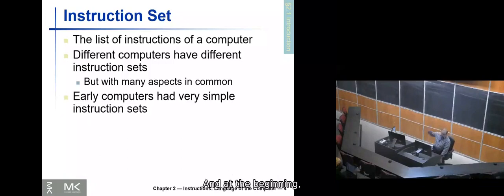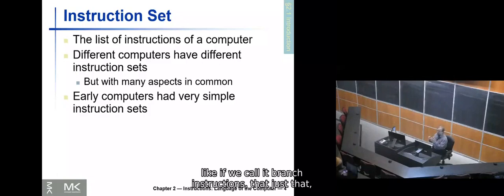And at the beginning of the time, which was around the 1960s, where IBM started instruction set, then Intel proposed CPU and instructions. The instructions were very simple, doing add, if, like if, we call it branch in instructions.